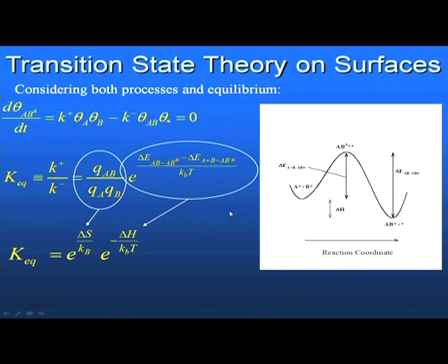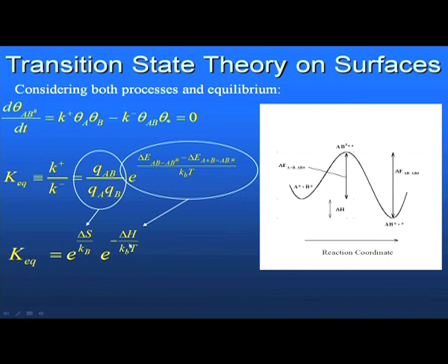Okay. So, that is why you see that if this is a reaction between A star plus B star giving rise to AB star plus star through this activated state or transition state, then your equilibrium constant can be expressed in this way, where this is a ratio of the partition functions, and this is the exponential of the energy difference term. Okay.